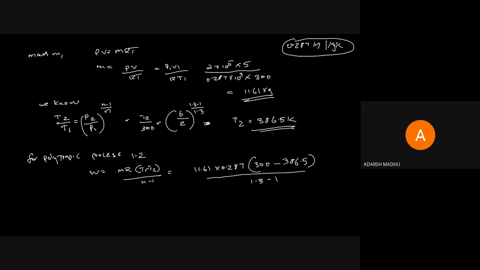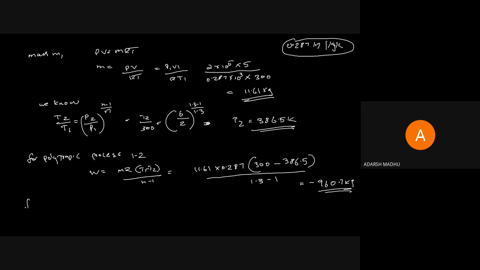Since 300 minus 386 is negative, the total value will be negative. After calculation, you will get minus 960.7 kilojoule. That is the polytropic process work done.